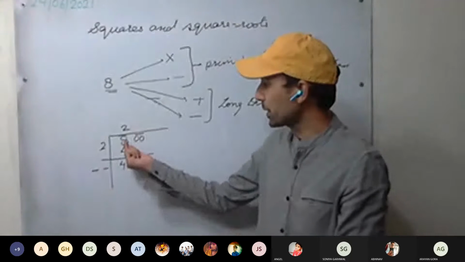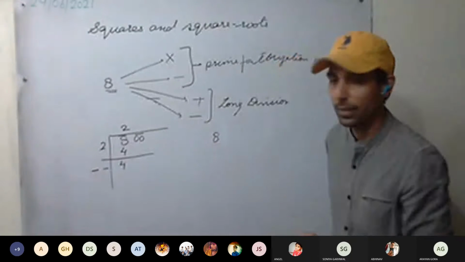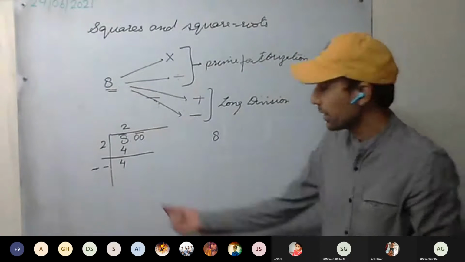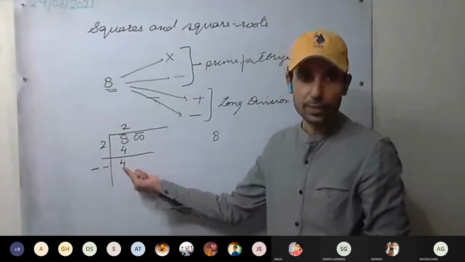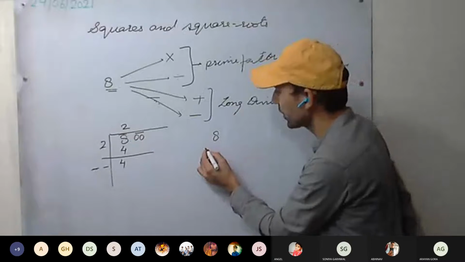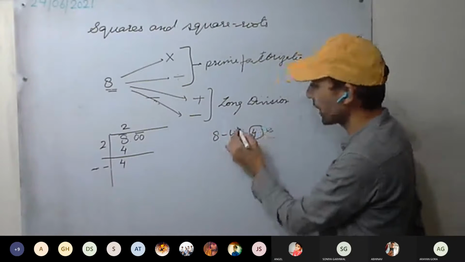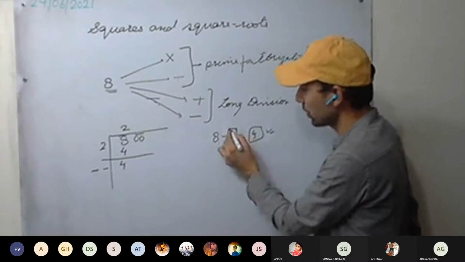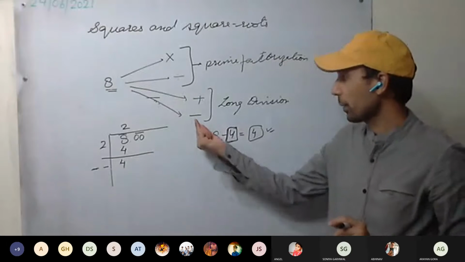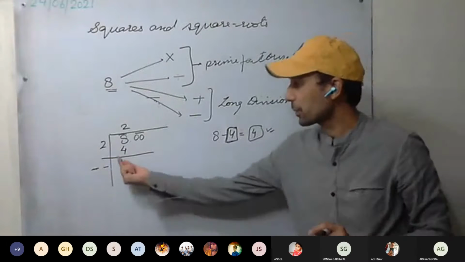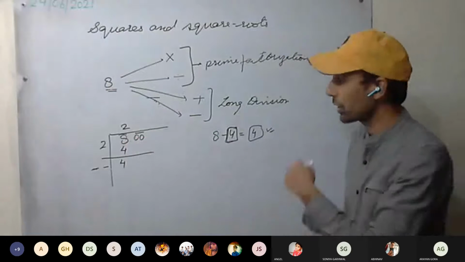So what number must be subtracted from 8 so that it becomes a perfect square? This remainder has to be subtracted. So 8 minus 4 equals 4. So 4 is the perfect square, and 4 is the number to be subtracted. Easily we can get what number is to be subtracted: we can just subtract the remainder and the resultant number will become a perfect square.